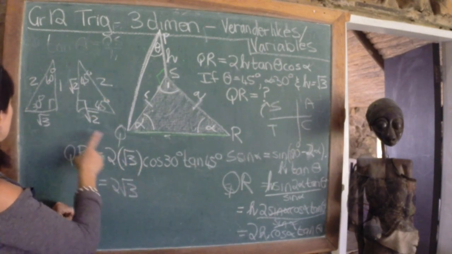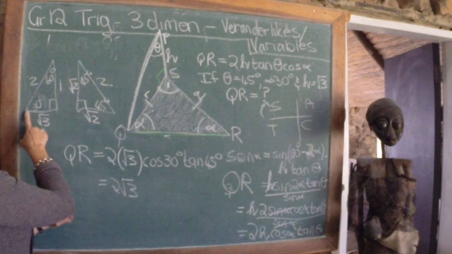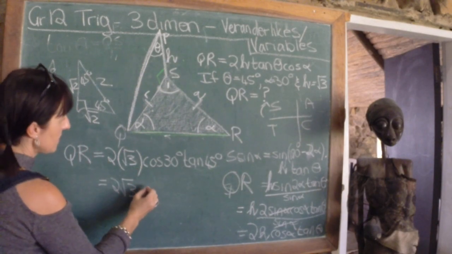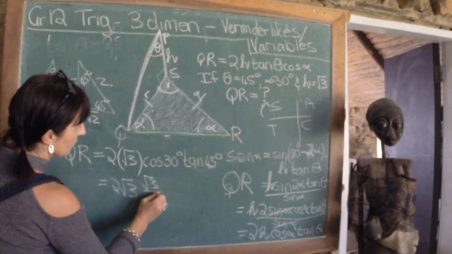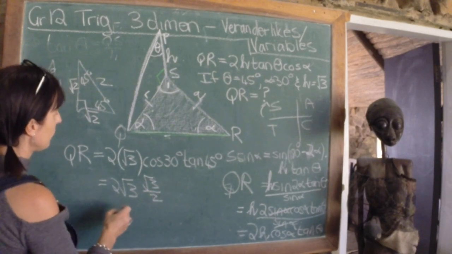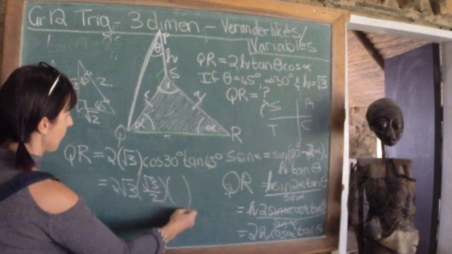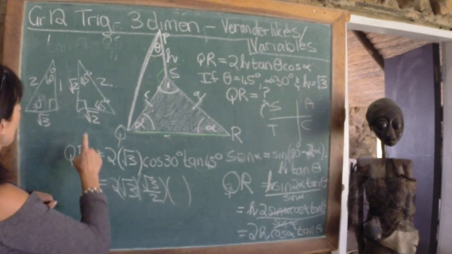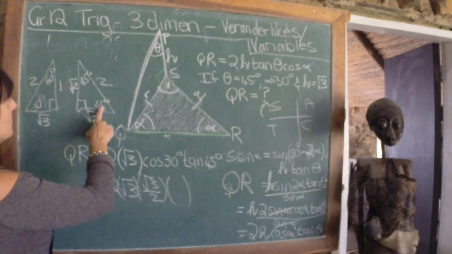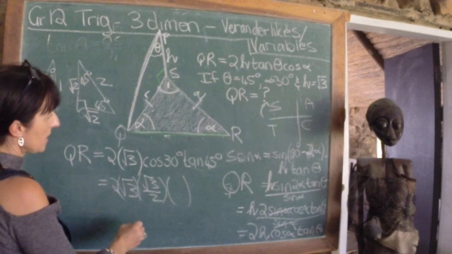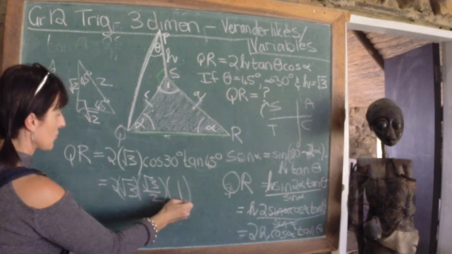So ek het die kos van 30, hier's 30, kos is aangrensend op skuinssy, so dis wortel 3 op 2, en die tan van 45, tan is oorstaande op aangrensend, that's very easy, it equals 1.